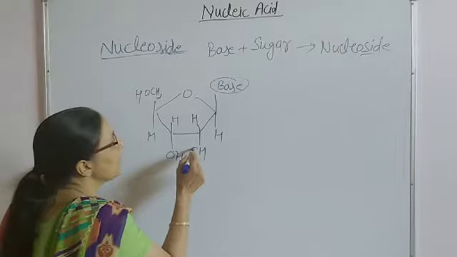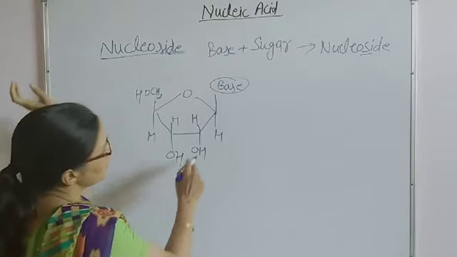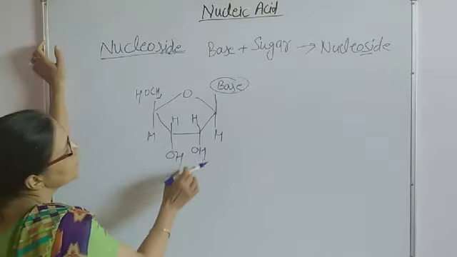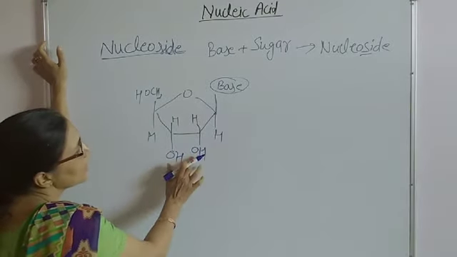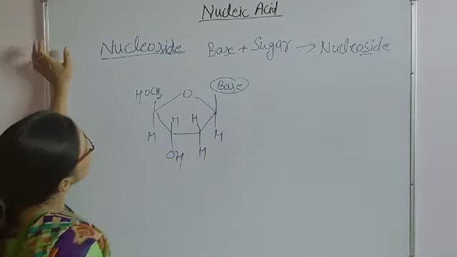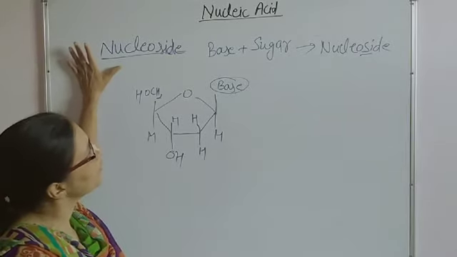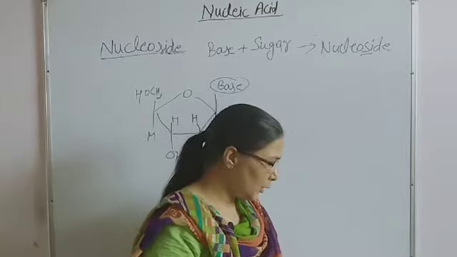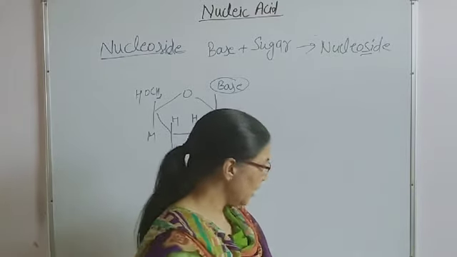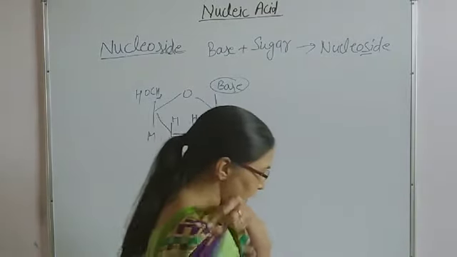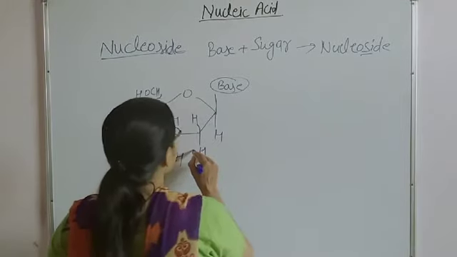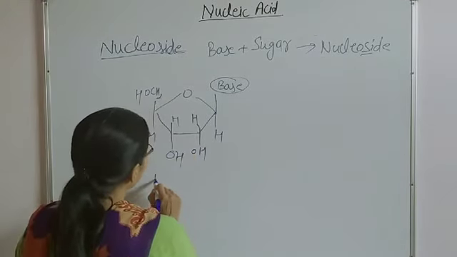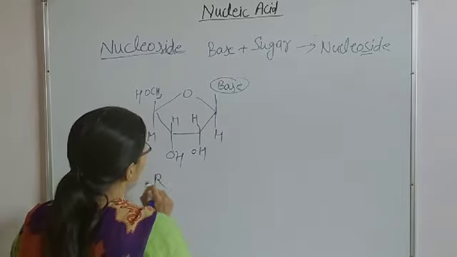If oxygen is also here, meaning ribose sugar, then it will be present in RNA. So this is the only difference. Otherwise, what are nucleosides? That combination of base and sugar is known as nucleoside. So this one is the nucleoside present in RNA, as oxygen is also here.